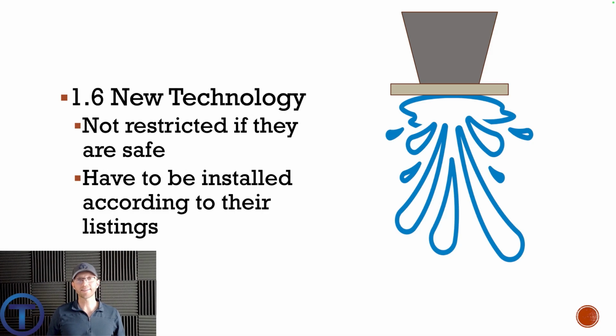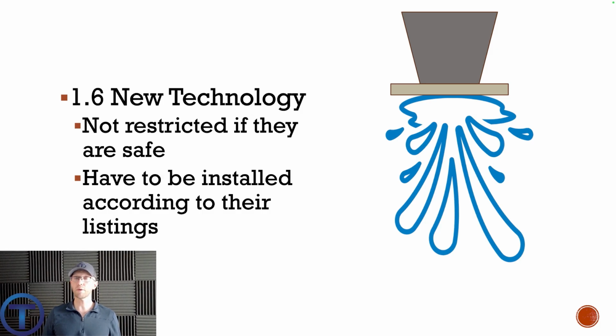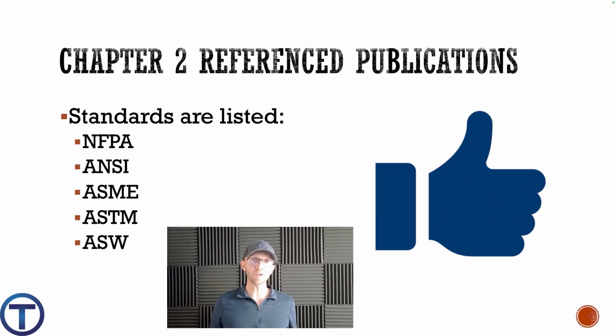Section 1.6, new technology. The code's not intended to restrict the use of new technologies within fire sprinkler systems, but they would have to be installed according to the listing from the manufacturer. Let's move on to Chapter 2, Referenced Publications.